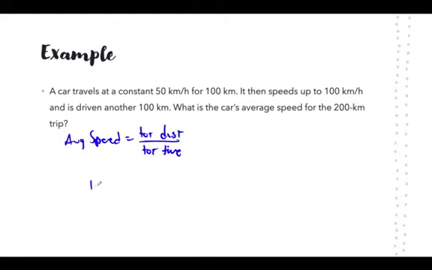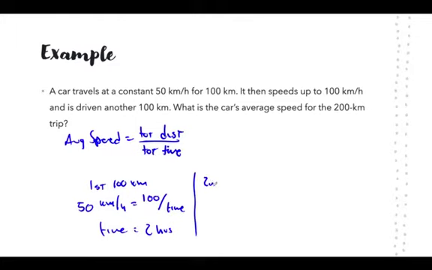So let's look here at the first 100 kilometers. The car was traveling at 50 kilometers per hour, right? So 50 kilometers per hour will be equal to distance over time, so time would be equal to 2 hours. It makes sense. If a car is traveling at 50 kilometers per hour, then in order to travel 100 kilometers, it should take 2 hours.